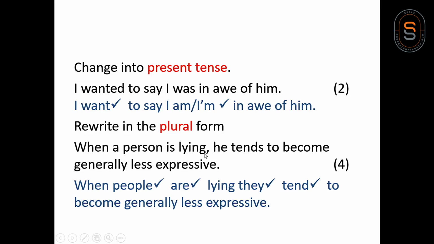Because there's an ing. It remains in the present continuous tense. It must just change to a plural form. Are lying. And then the word he changed to they. And very, very important, we take away the S from the verb when we form a plural verb.